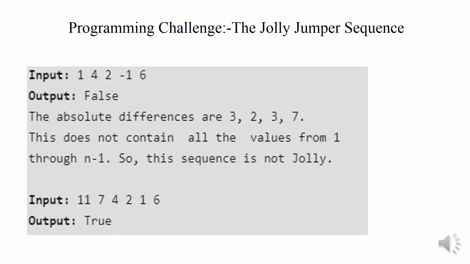After that 3, 2, 1 and again 5. So that follows the jolly jumper sequence from 1 to n minus 1. That is the jolly, meaning the output of that program is true.